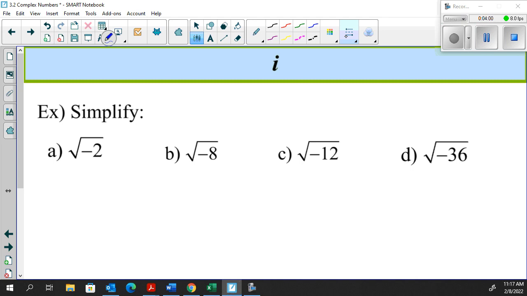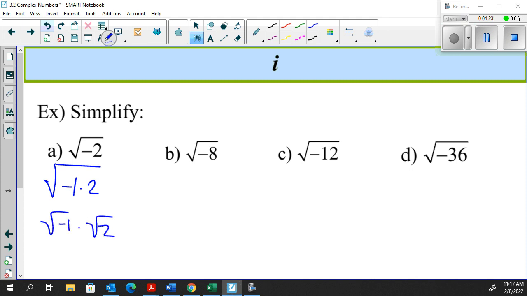Okay? So here, technically, if I rewrite this as the square root of negative 1 times 2, well, that's negative 2, right? And then from the rule that we talked about yesterday, you can split this thing up. It turns into the square root of negative 1 and the square root of 2.